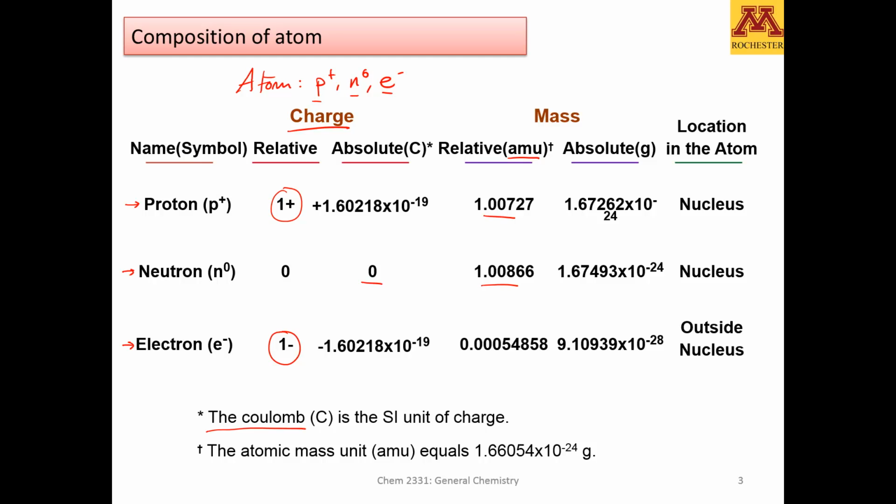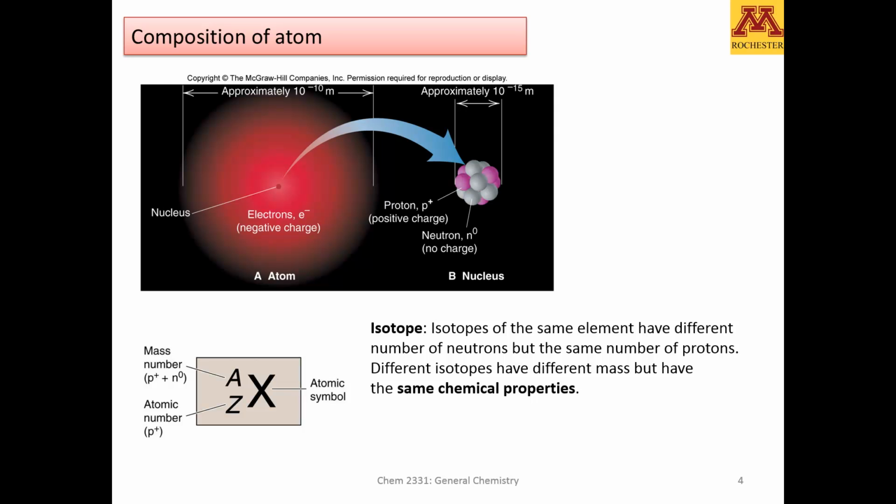But it's also important to know that electrons are way lighter than protons and neutrons, almost a difference of 4 orders of magnitude. So the mass of protons and neutrons will be by far larger than the mass of electrons.